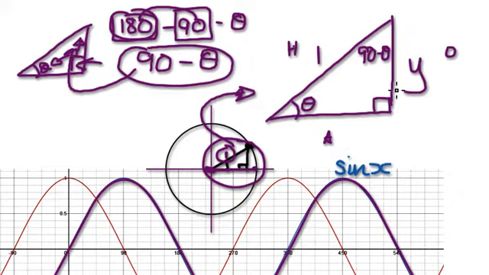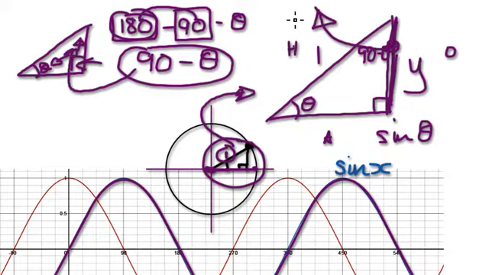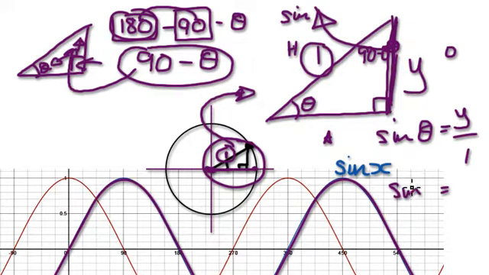If you want to know the height here, it would be sine theta. So sine theta equals y, the opposite, divided by the hypotenuse, which is 1. y divided by 1 is just y. So sine theta equals y. Sine theta is really the height here.